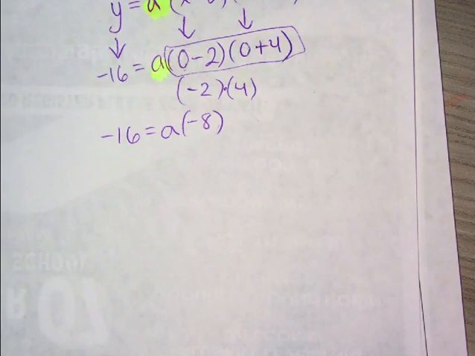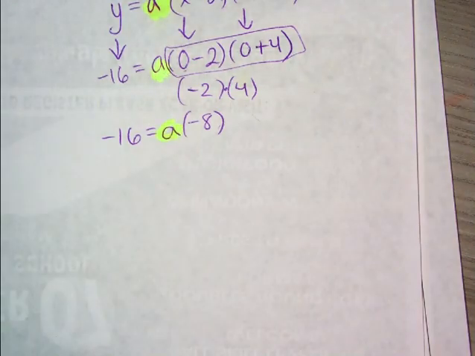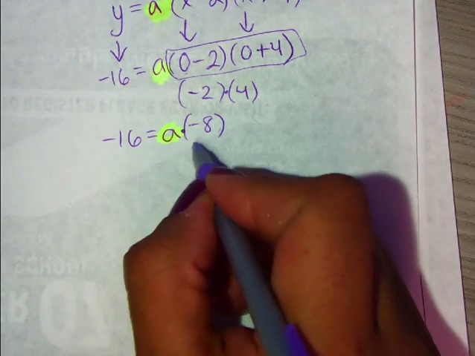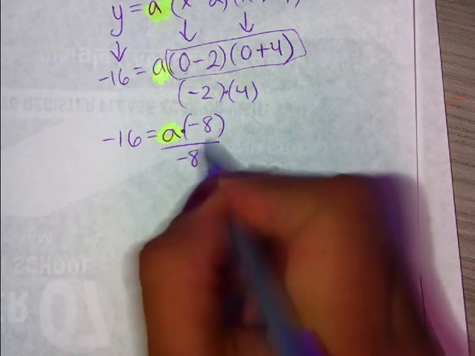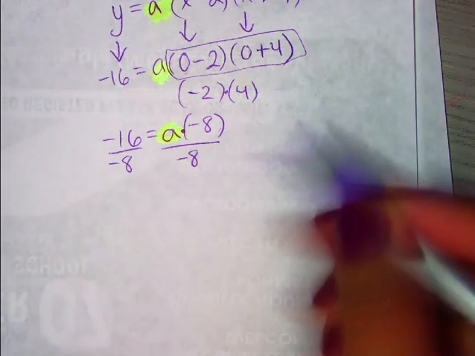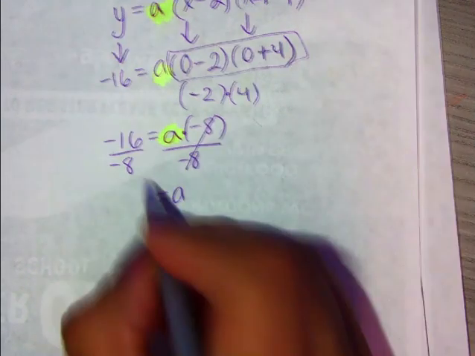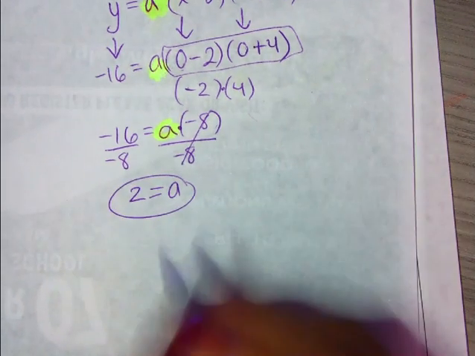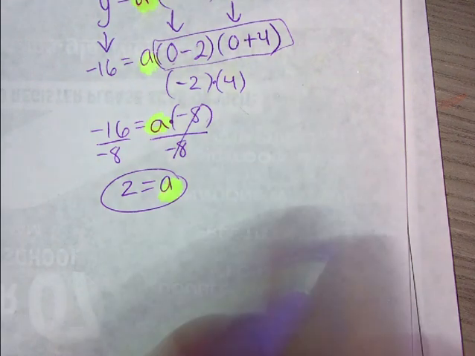Once you're here and you want to have A by itself, you need to understand that the A is being multiplied times this number. To undo that, you need the inverse operation of dividing. Divide by -8 on both sides. When you divide by -8, you isolate the A, and -16 divided by -8 is +2. This A is the A value that you're going to plug in right here.